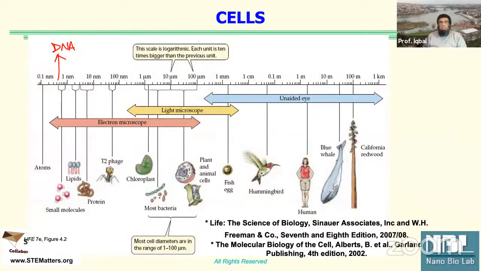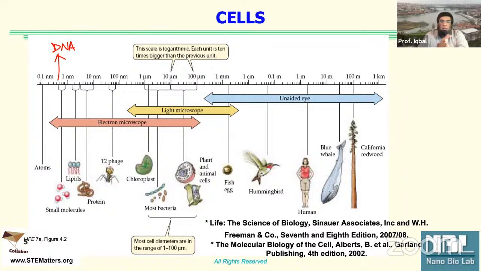Cell is the basis of all living things. Everything that is alive is made of atoms and molecules, and then they come together and form, in living things, cells. These cells have different size scales, and subcellular things are at different size scales as well, all the way from microscopic to macroscopic.